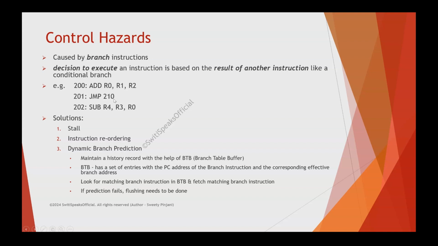So the value of 210 will be flushed, and 202 will be the next value picked. So this causes some latency. But most of the time branch prediction works. Rarely this will be the case. So dynamic branch prediction in the real life scenario is a very good solution for control hazards.